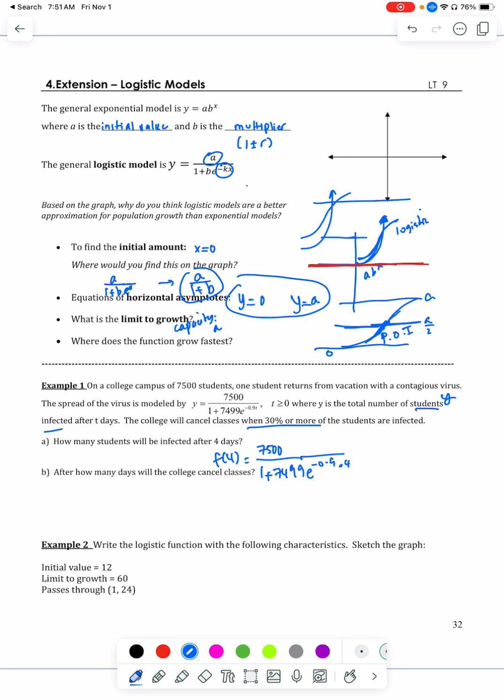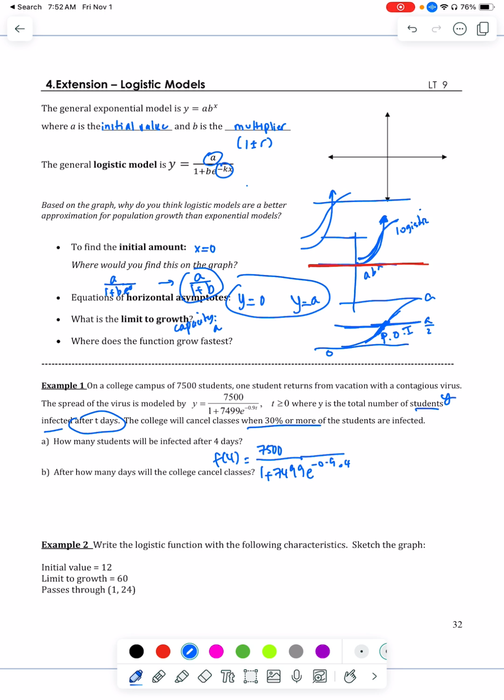Remember, t is in days. When the equation says after t days, that means use days as the main unit. If it says the formula for t minutes, then use minutes as the main unit. It's the formula that dictates what unit t should be in.